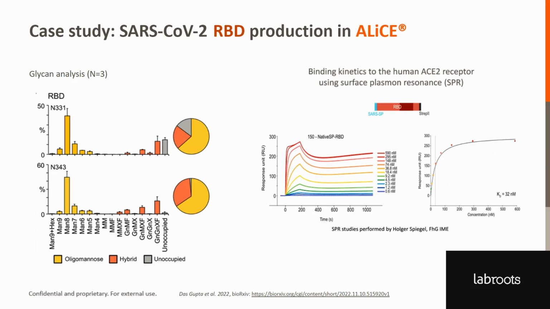But the glycosylation doesn't actually prove to be so important for the function of the RBD in our hands. So returning to the surface plasmon resonance studies, we could achieve binding to the ACE2 receptor. This is the natural receptor for the coronavirus in humans.